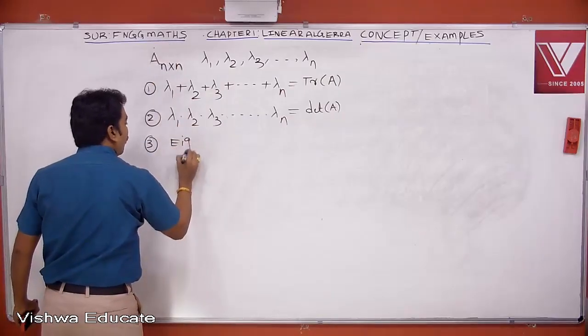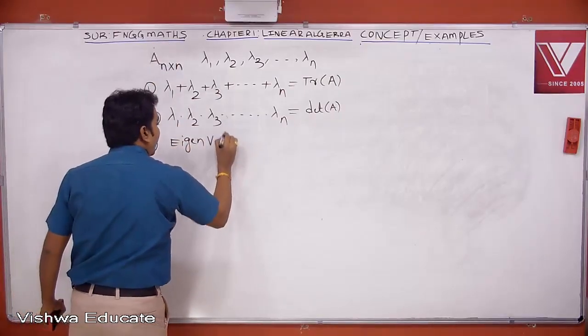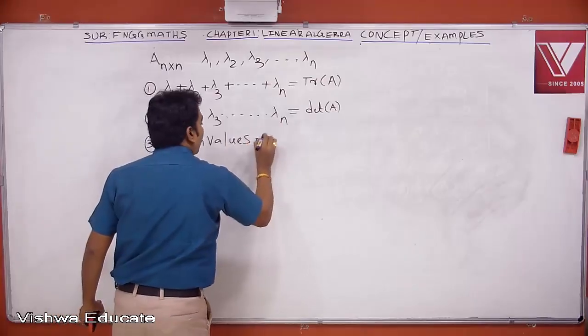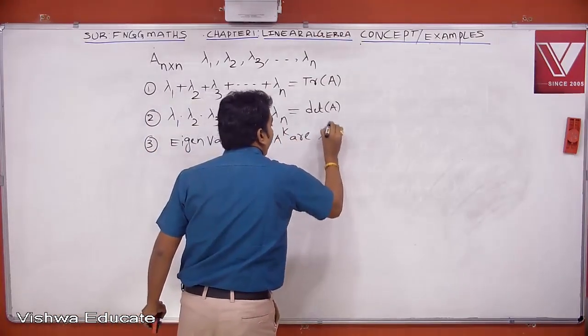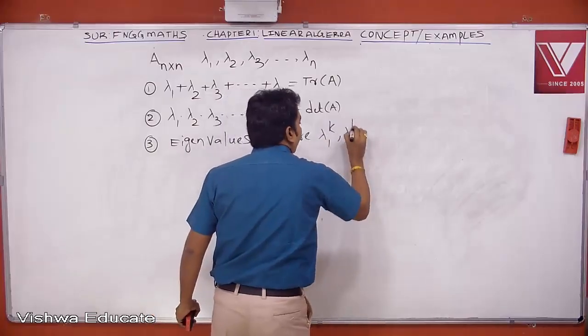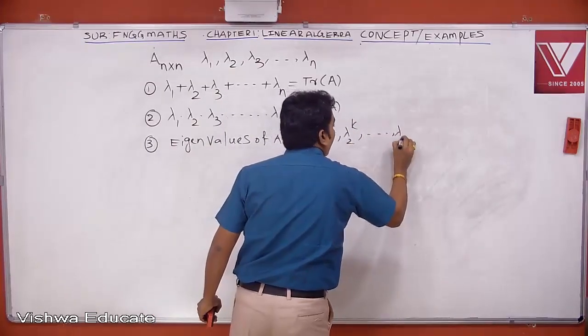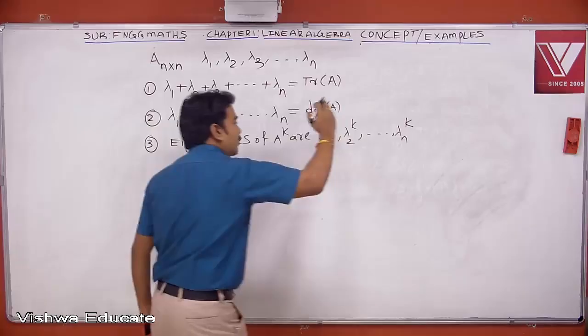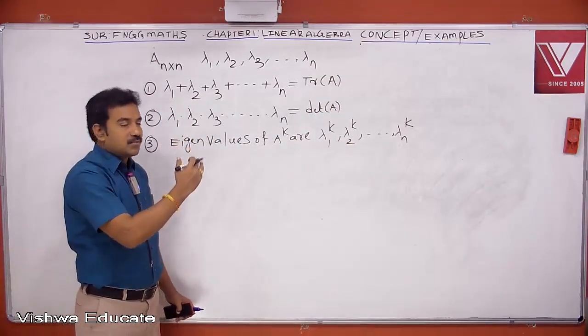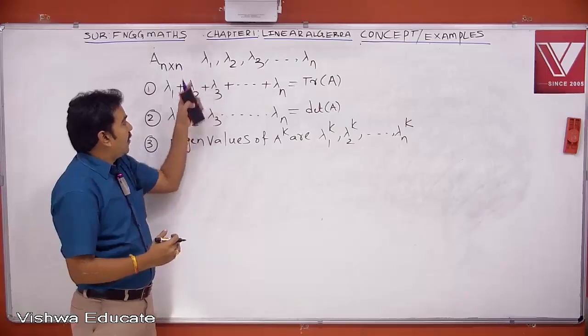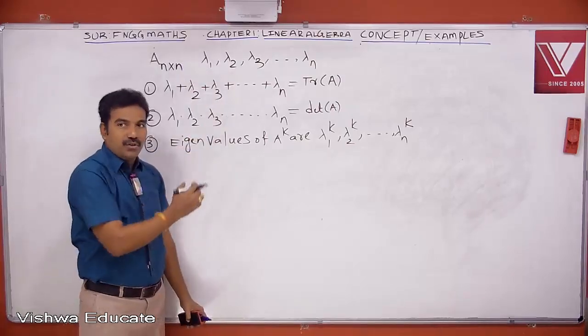So eigenvalues of A power k are lambda 1 power k, lambda 2 power k and so on, lambda n power k. Just raise the powers of lambdas. So once these are eigenvalues of A, I can easily get the eigenvalues of A power k.